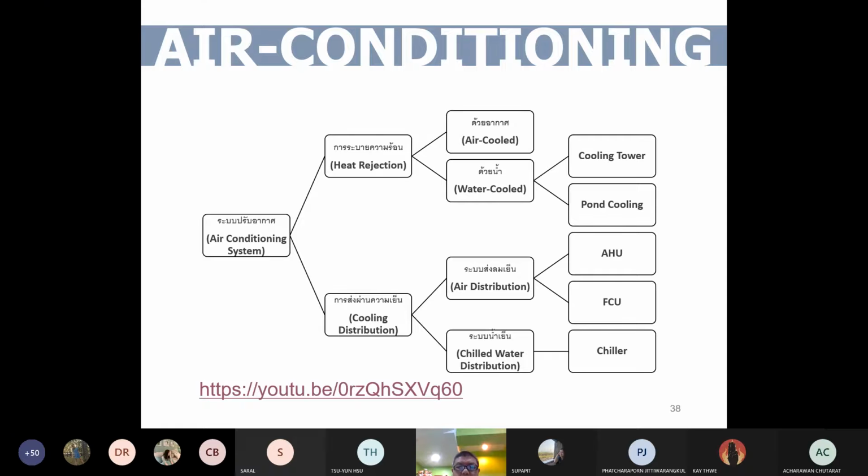So air conditioning in the bigger picture, when we talk about heat rejection, for air cool we use the coil and the fan to cool down the condenser. Sometimes you can see the big tank up on the building.